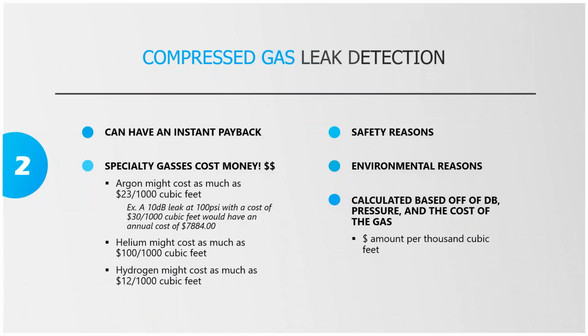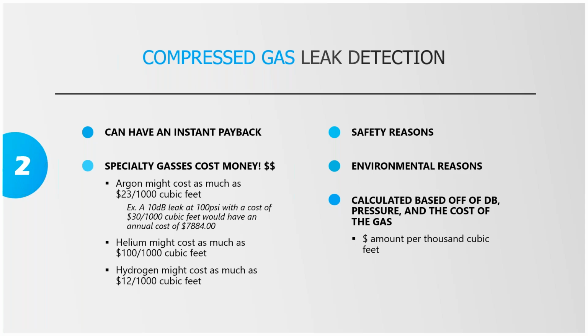All right, the number 2 application where we can have, again, very quick payback and show some very good energy savings is with compressed gas leak detection. If your plant has specialty gases like, say, argon, helium, hydrogen, nitrogen, you can see some of the costs here.